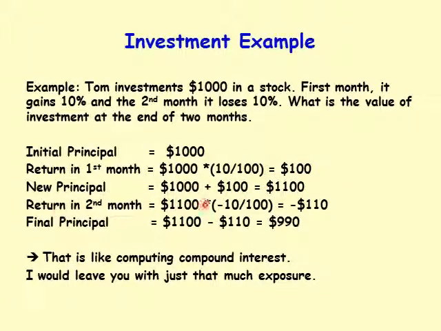Then on the new principal, we lost some money, and this is my negative return in the second month. The final value is the principal going into the second month minus this loss, 1100 minus 110, 990.